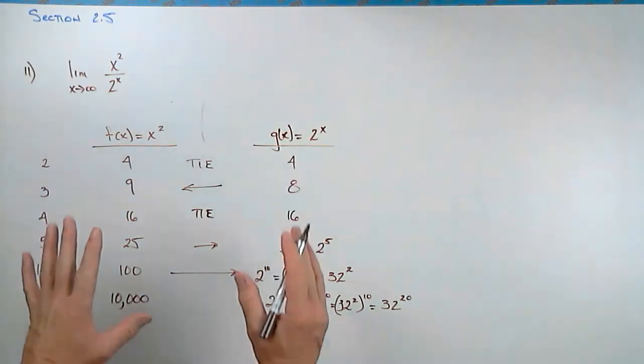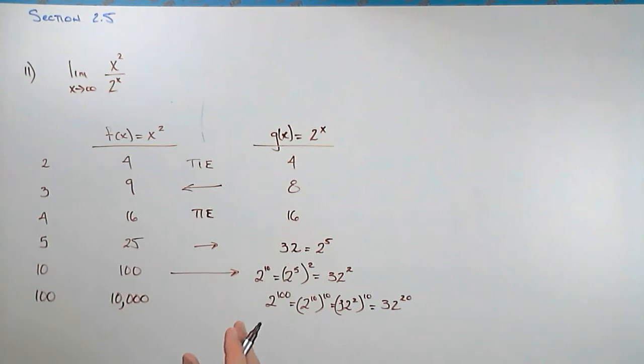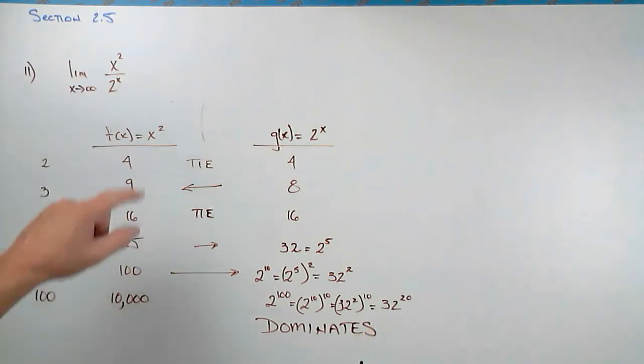So we can see, just plugging these numbers in, which is what they want us to do here, that this function dominates. It gets bigger much faster than x squared.